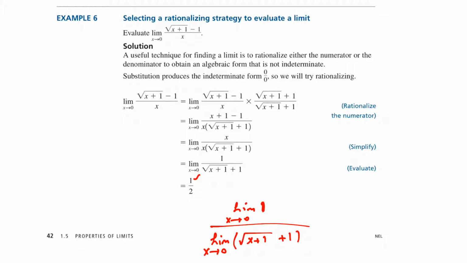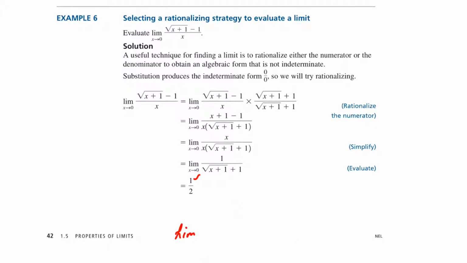The limit of square root of x plus 1 is the same as the limit of x plus 1 as x approaches 0, to the power of 1 over 2. Property number 7, which is also 1.